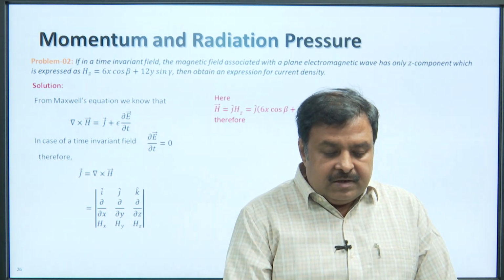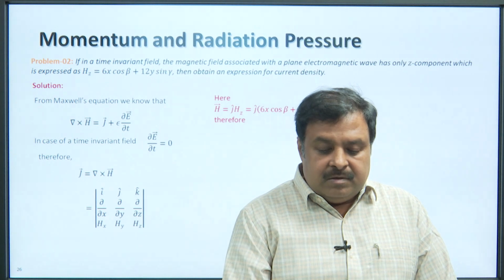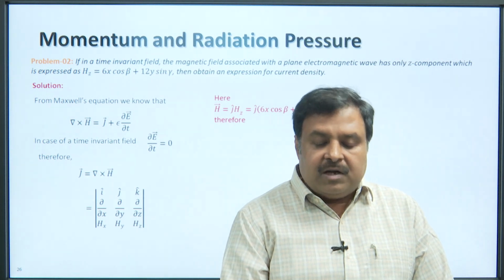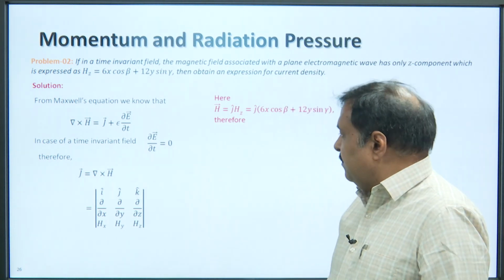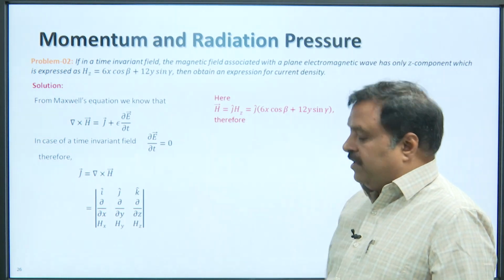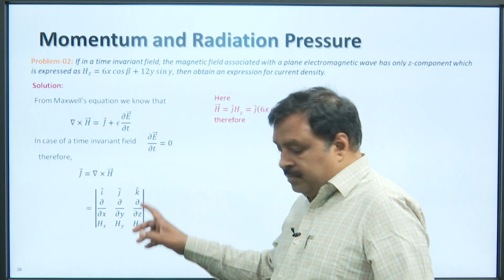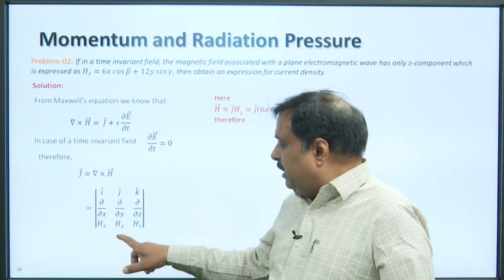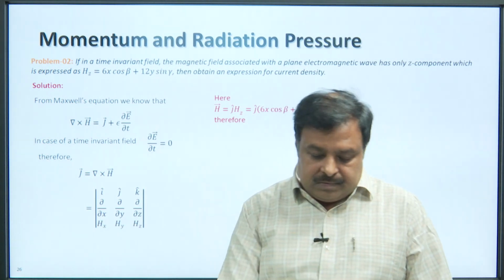The magnetic field H in this problem has only z component, so H x and H y are 0.